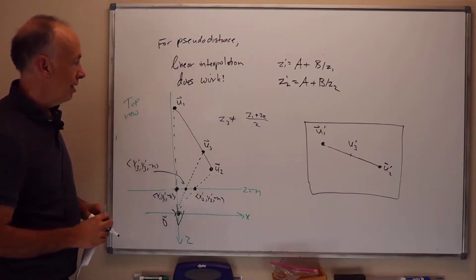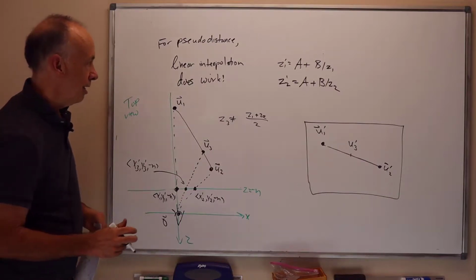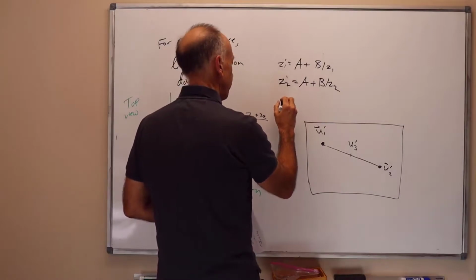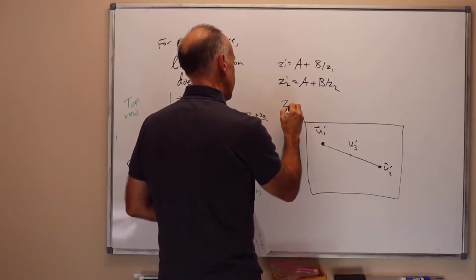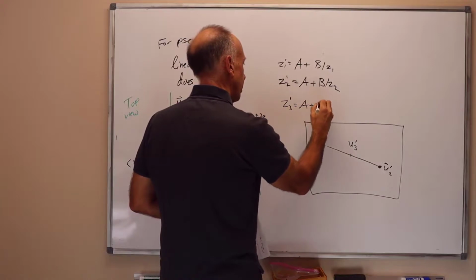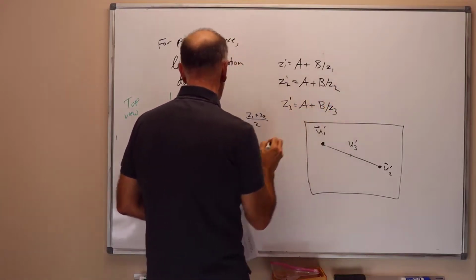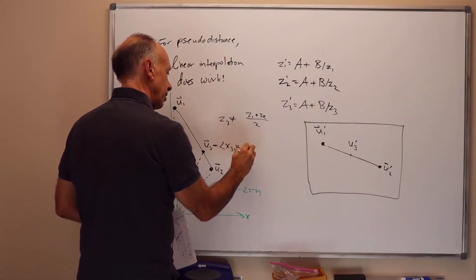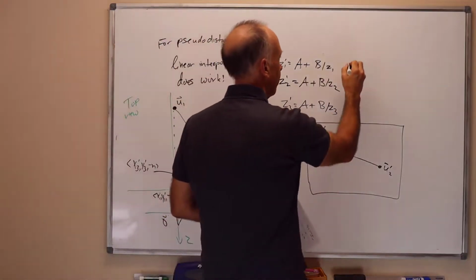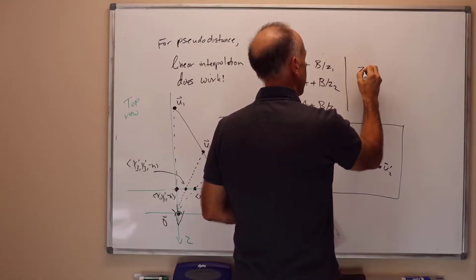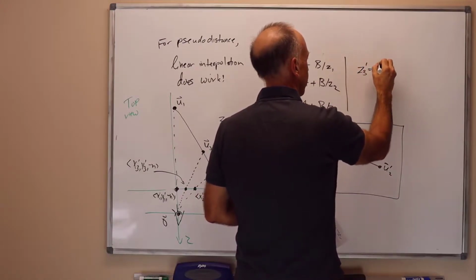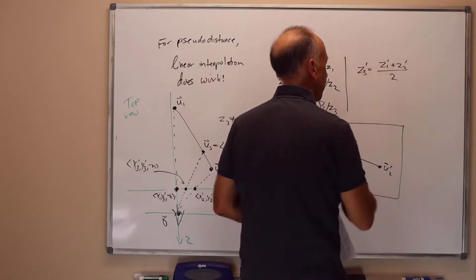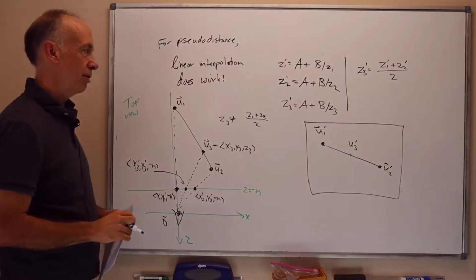But what does turn out is that if we use pseudo-distance and we let Z3 prime be A plus B over Z3, where U3 is X3, Y3, Z3, then we do have that Z3 prime is equal to the average of Z1 prime and Z2 prime, in other words, their sum over 2.